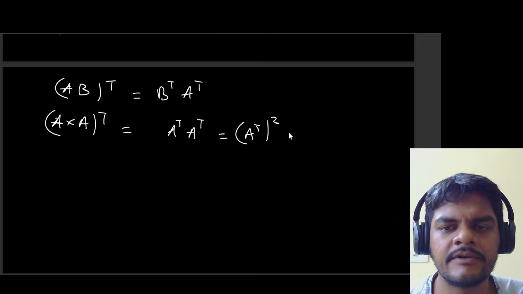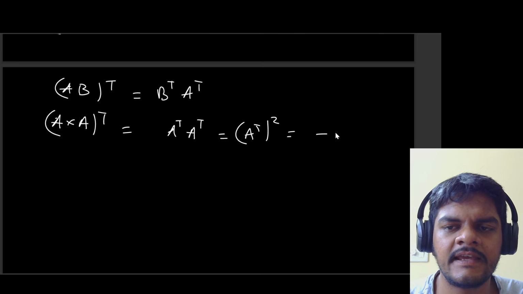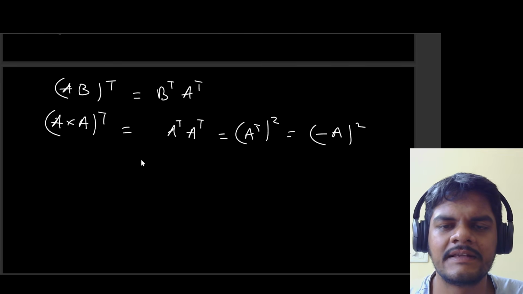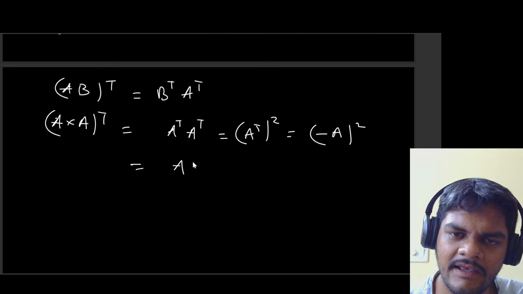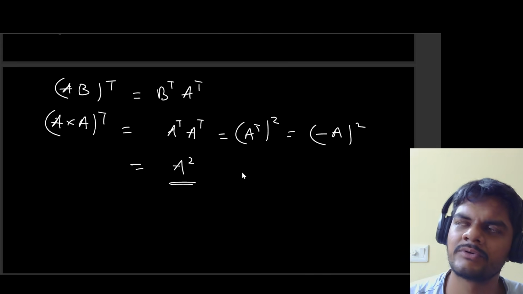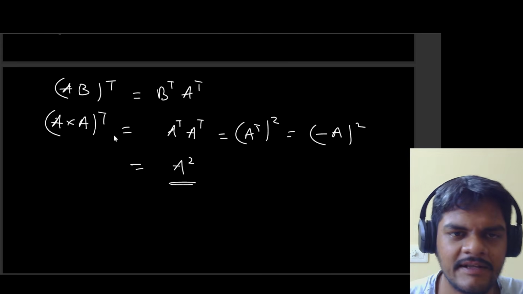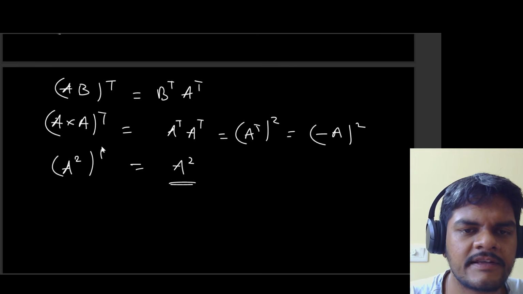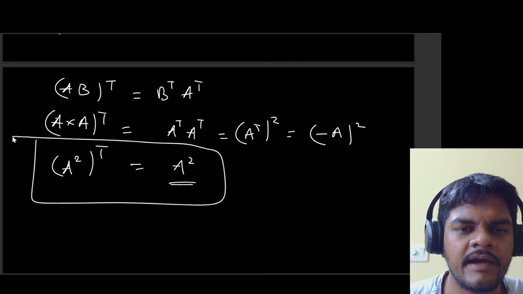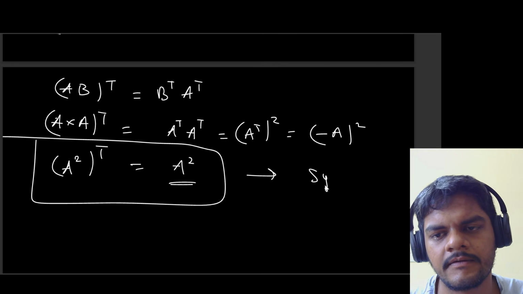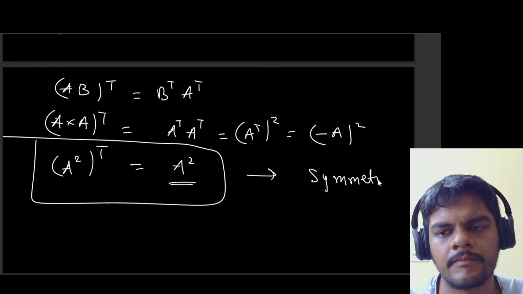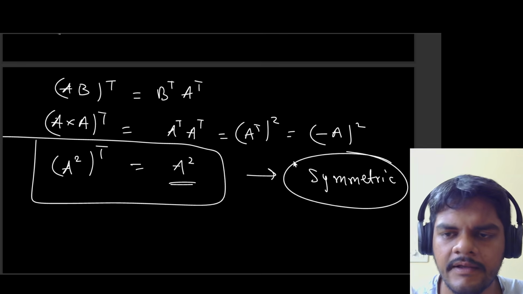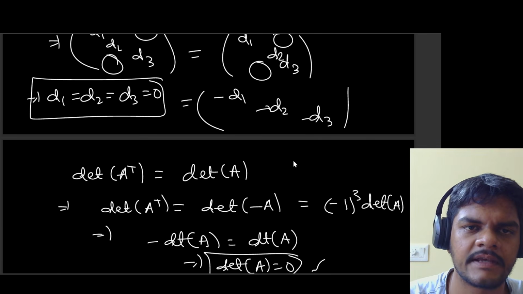Now we know A transpose is minus A, so minus A squared happens to be A square itself. So A square whole transpose is A square, and the moment you have this, it is symmetric. I hope that is making sense.